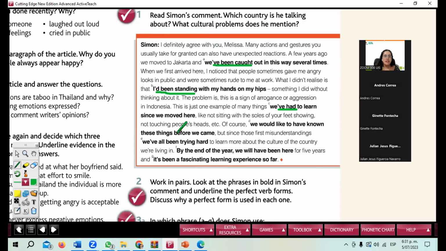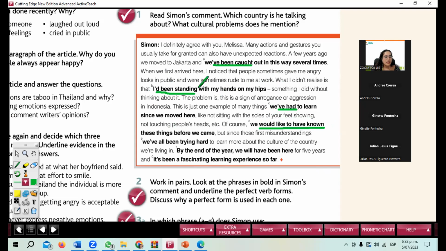This is a form of future: would like to have known these things before we came. So the words that belong to the structure would be this, would like to have known, right? This is not exactly like with will, but yes, it's talking about the future perfect. Don't worry, we're going to see some other examples later and review when to use each structure, okay?